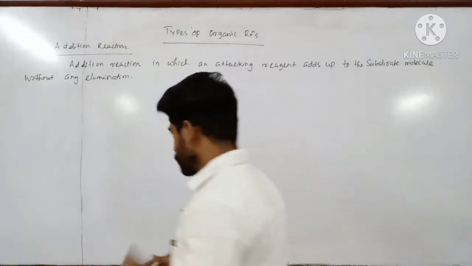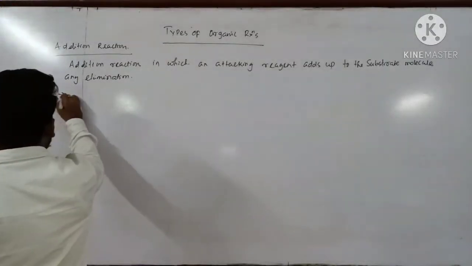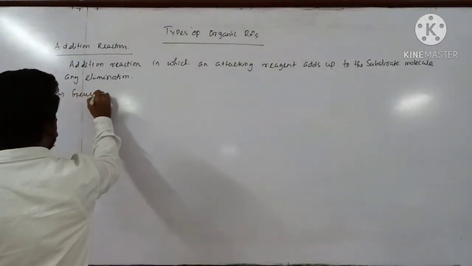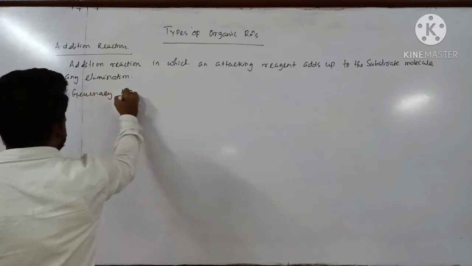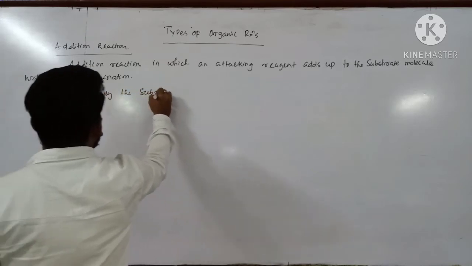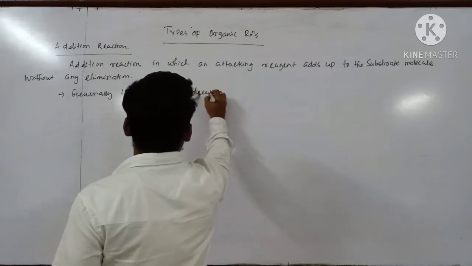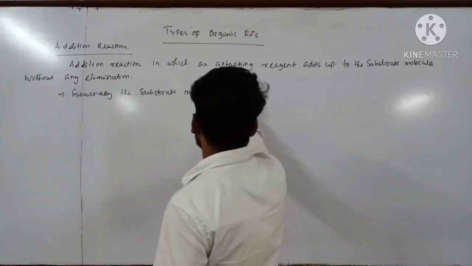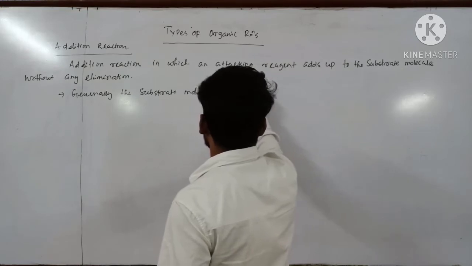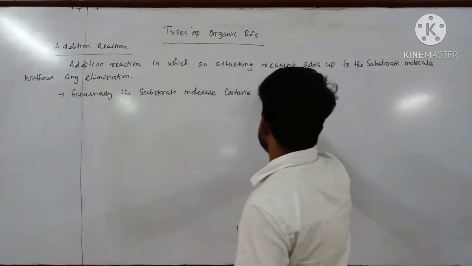The speciality of this reaction is that generally the substrate molecule contains multiple bonds, double bonds or triple bonds. So write down that point also. Generally the substrate molecule contains multiple bonds.